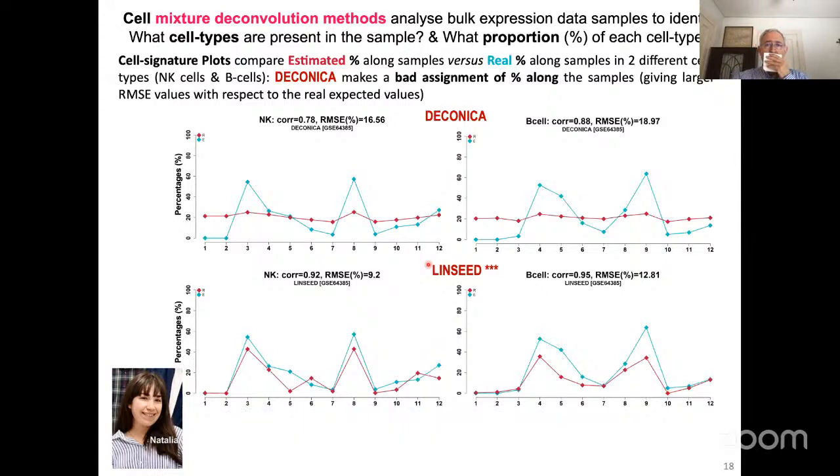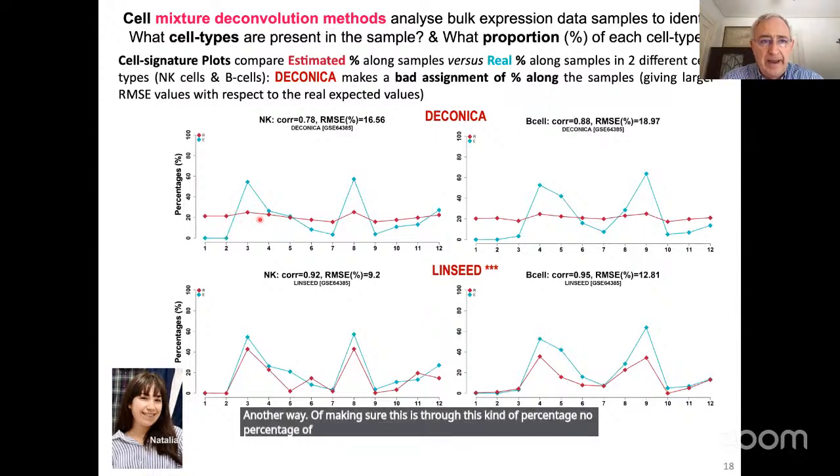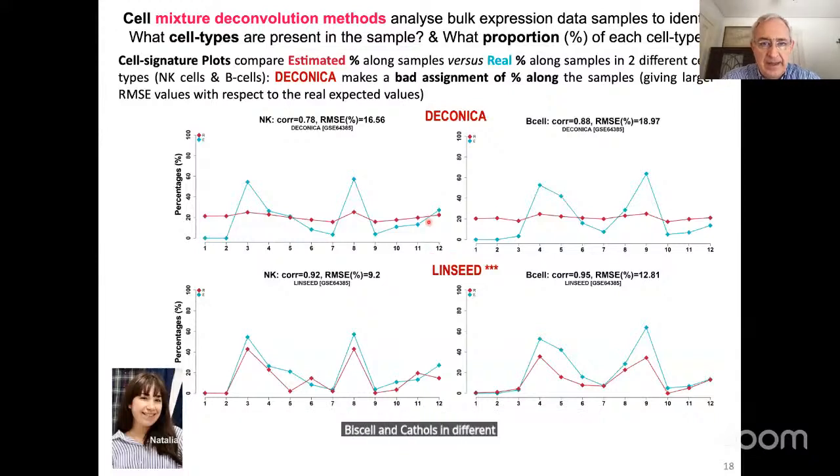Another way of measuring this is this kind of percentage. Percentage of a given cell, for example, NK cells, B cells, in different data sets, in different samples, sorry.